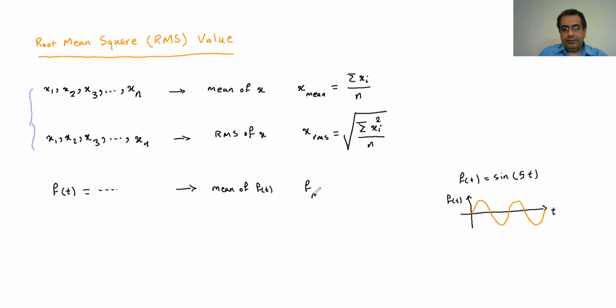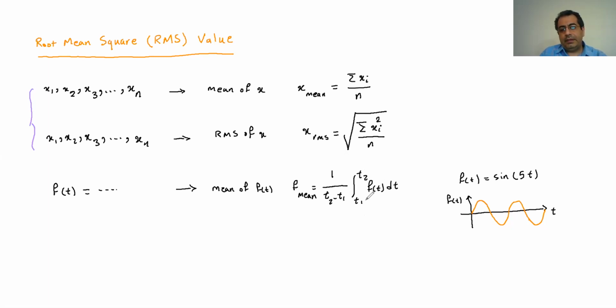The mean of f this time is going to take the form of an integration. The f mean is going to be 1 over (t2 minus t1), times the integral from t1 to t2 of f(t) dt. I made it smaller so it doesn't get confused with the period.